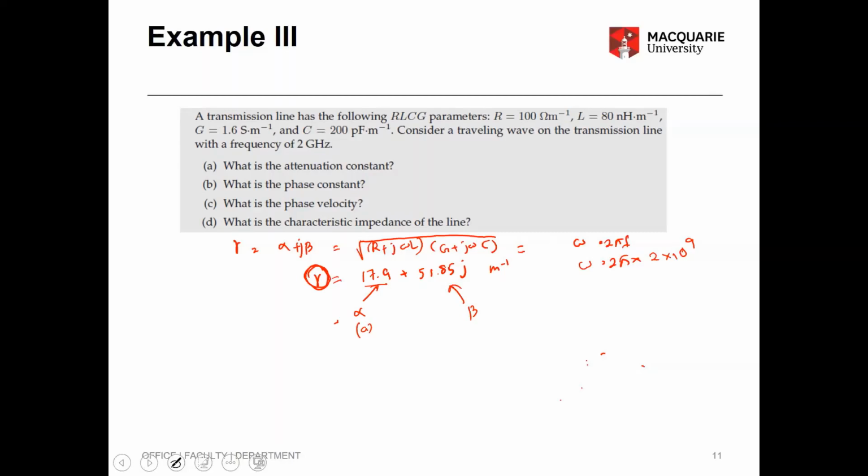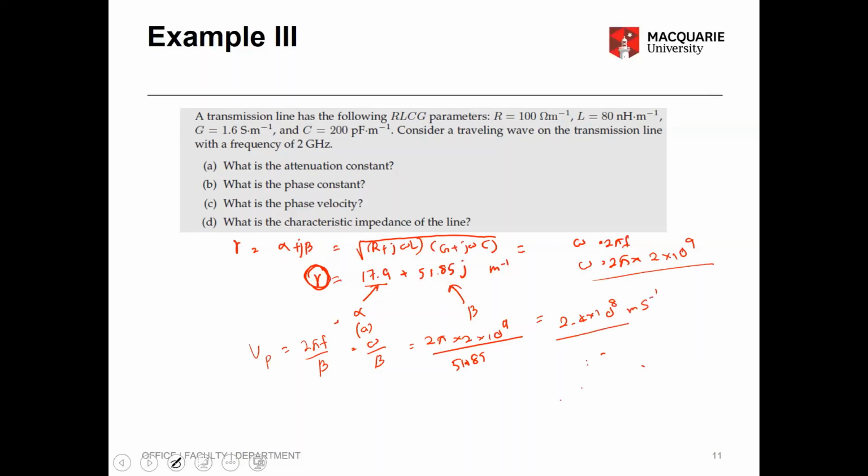Now the phase velocity, Vp, is 2 pi f over beta, or omega over beta. Because you know omega, that's 2 pi times 2 times 10 to the power 9 divided by 51.85, and you'll get 2.4 times 10 to the power 8 meters per second.